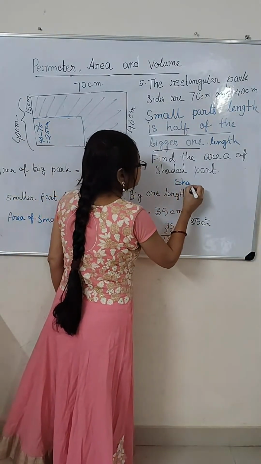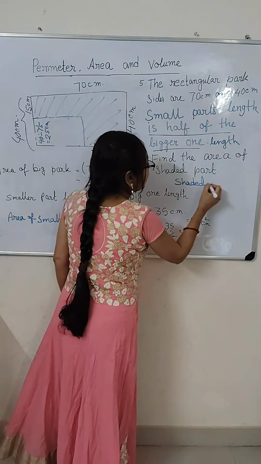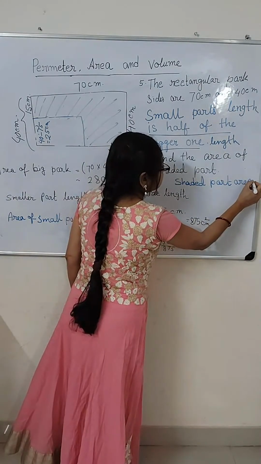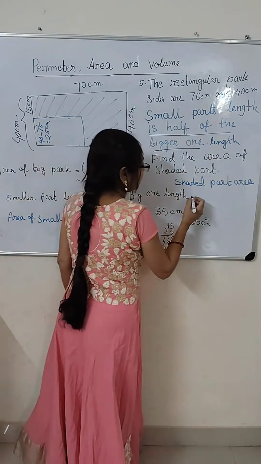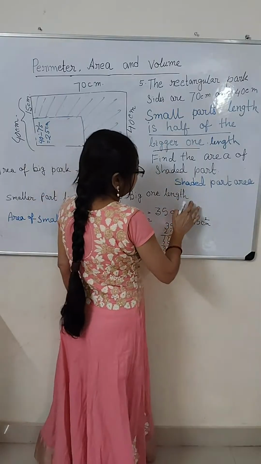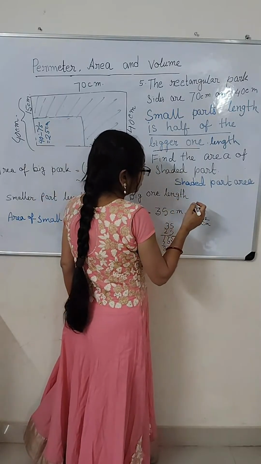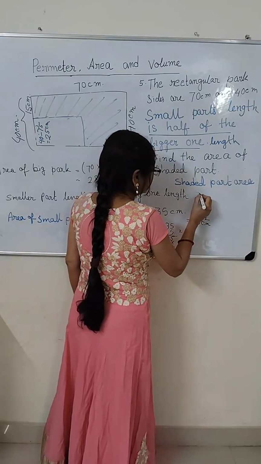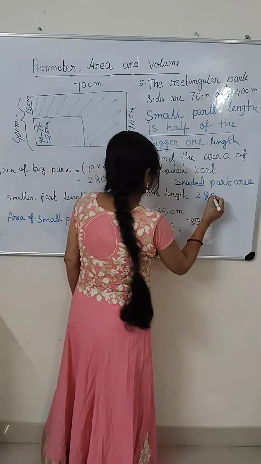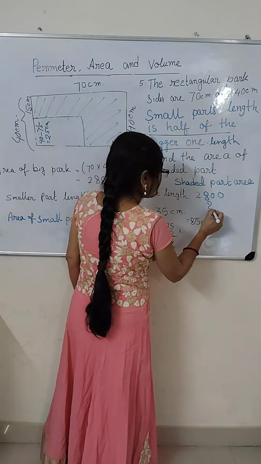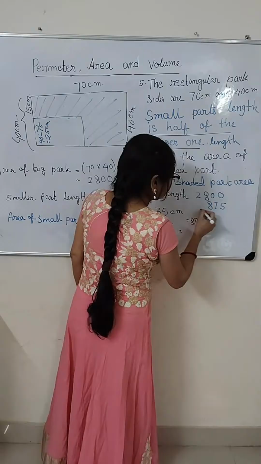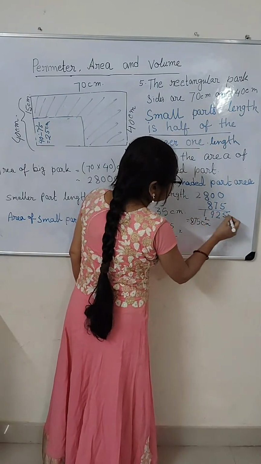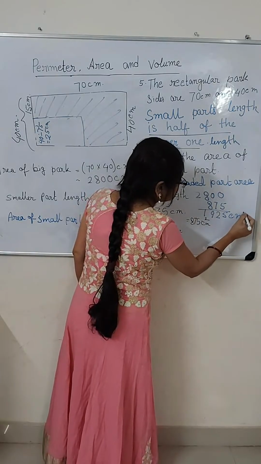Shaded part area: 2800 minus 875, it is 1925 centimeter square.